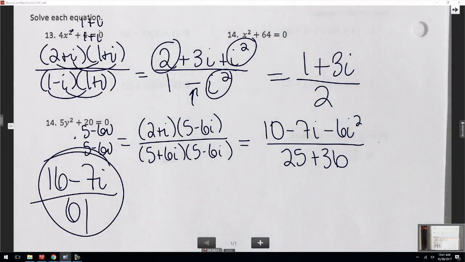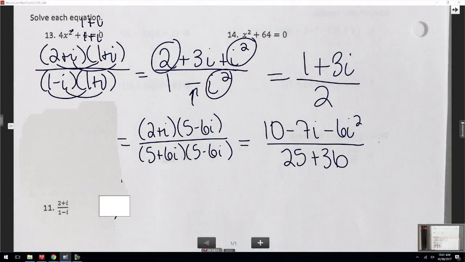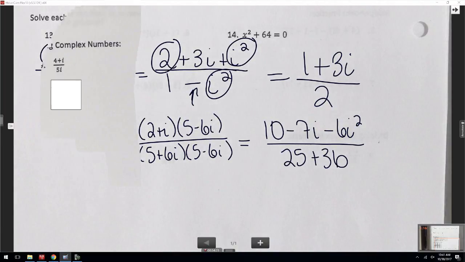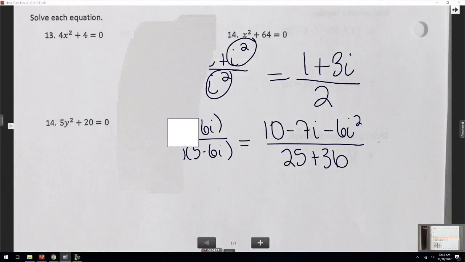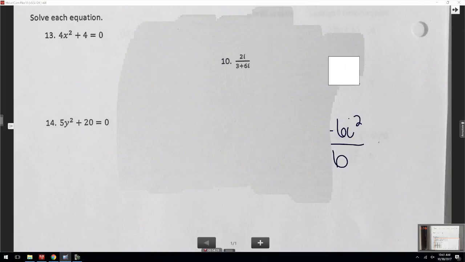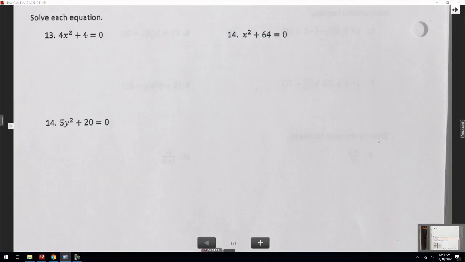Alright, what's the directions say to do, guys? Solve, right? You had a quiz the other day, and it said to solve, but it said to solve using what in front of you? Calculator. Does this say solve with the graphing calculator? No. So how do we have to solve it? Factoring.